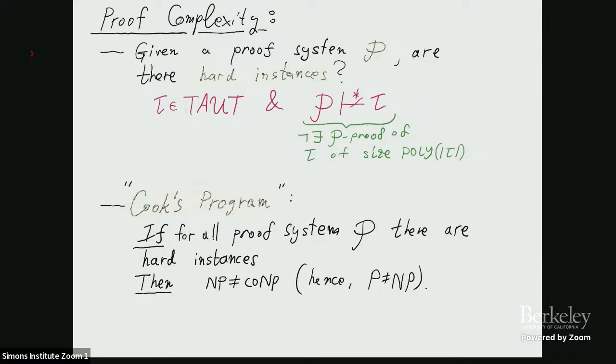This means that these are tautologies such that P, the proof system, does not have a short proof of this tautology tau, which simply means that there does not exist a P proof of tau of size polynomial in the size of the formula, right? That's the main question of proof complexity, right?